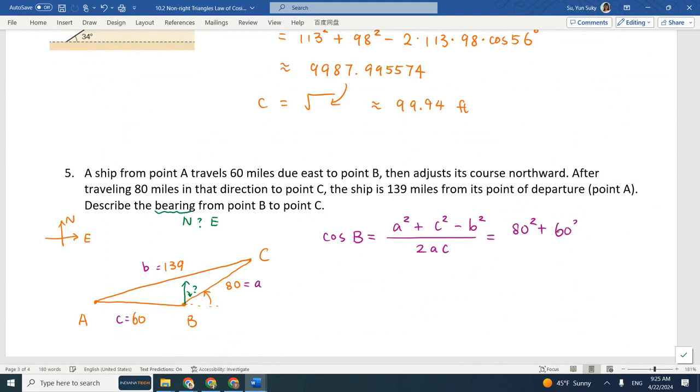C, 60 squared minus B, 139 squared over 2 times A, 80, C. Okay. Put this in your calculator in one line.